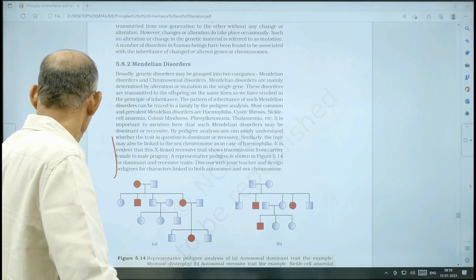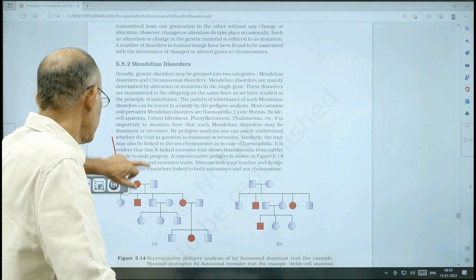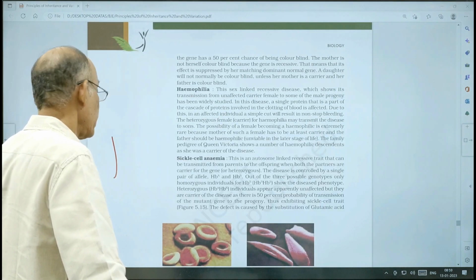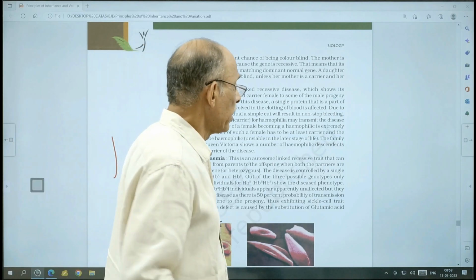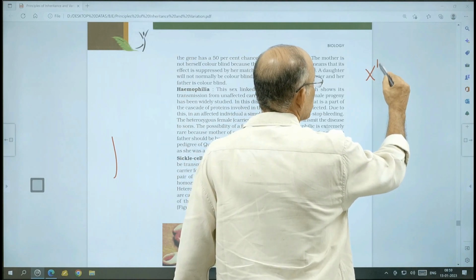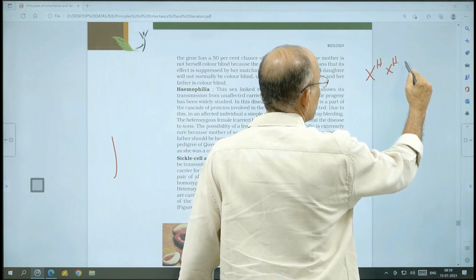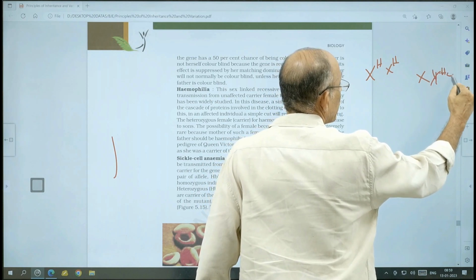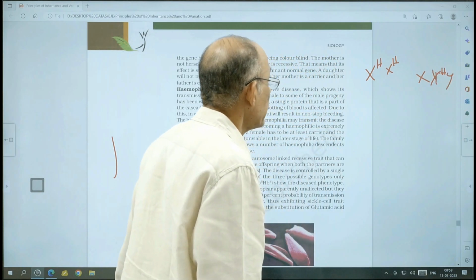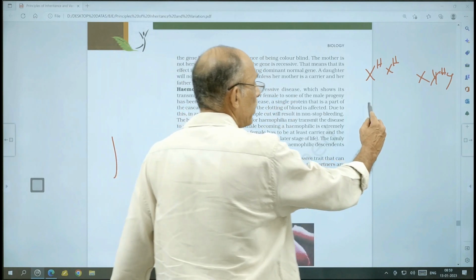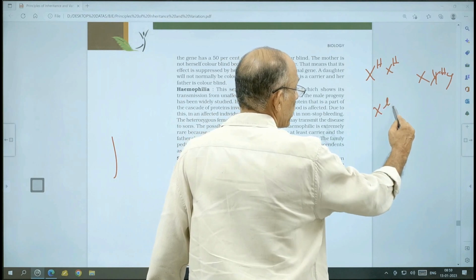And first, we can study hemophilia. The inheritance of hemophilia and color blindness are the same. So this is a normal female, and this is a normal man. This hemophiliac gene is an X chromosome recessive gene.